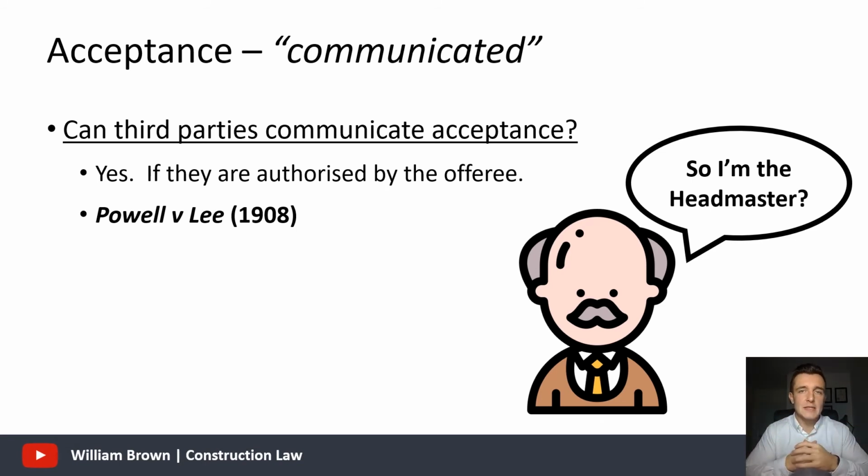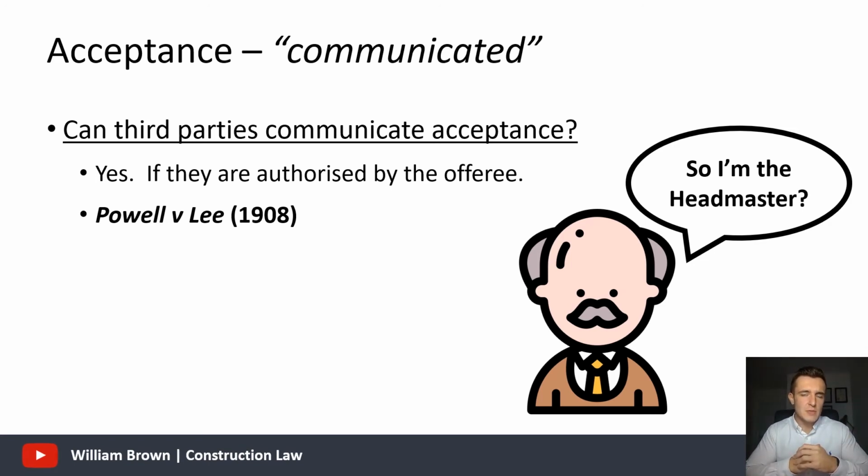And the answer to that is yes, but that third party must have the due authorization from the offeree. So they must be duly authorized to be able to accept that offer on their behalf. And this sort of links back to one of the first principles that we talked about, that communication of an offer has to come from the offeree to the offeror and has to be communicated in that direction.